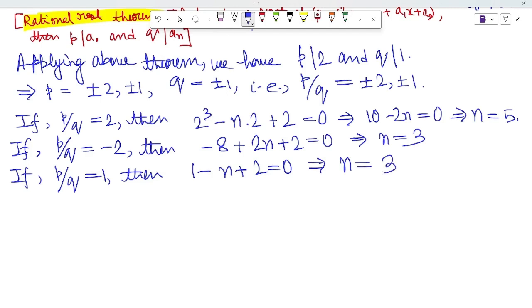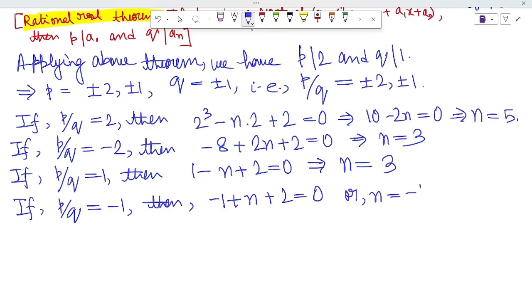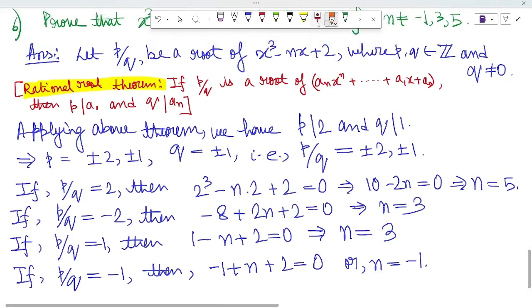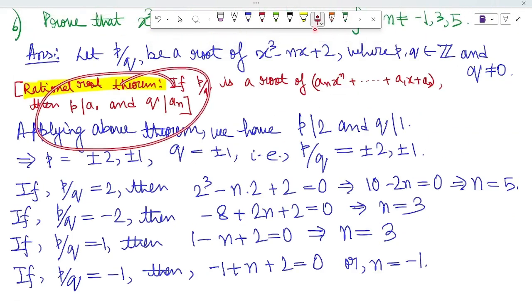Same thing, we are not getting anything new. If P by Q equal to minus 1, then minus 1 plus n plus 2 equal to 0, or n equal to minus 1. So we got the required proof using the rational root theorem.